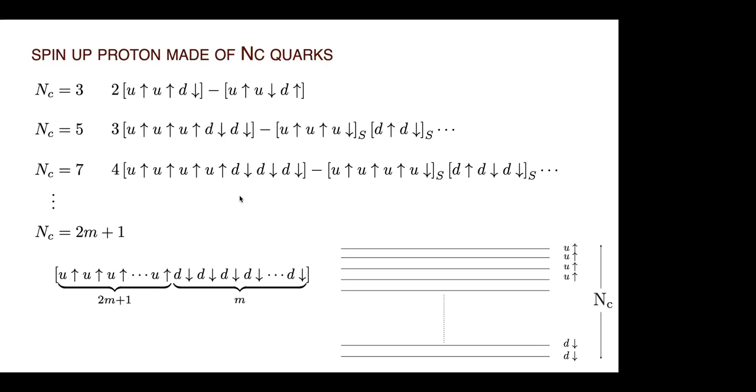And now this is particular, we're applying it to a proton that is spin up. A proton that is spin up tends, as N_C goes to infinity, to be made up of a whole bunch of up flavor quarks with spin up and down flavor quarks with spin down. And they're all matched up except for one.